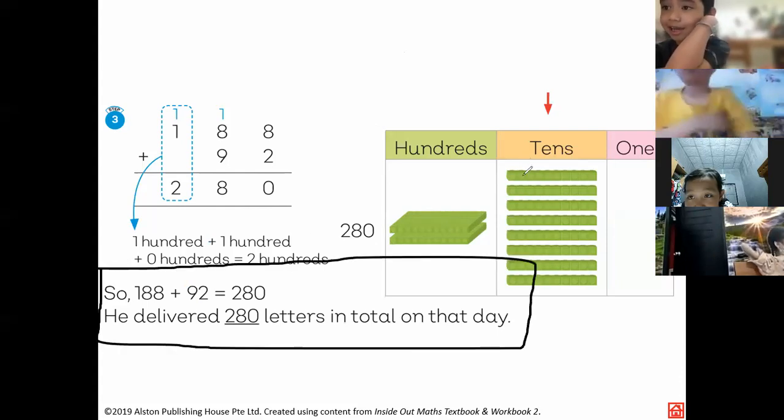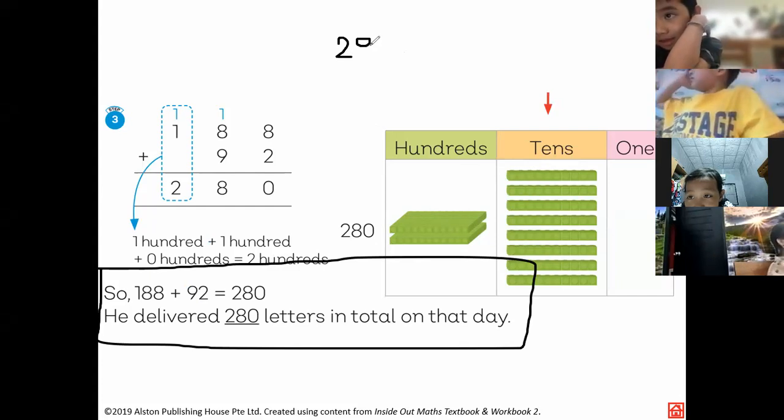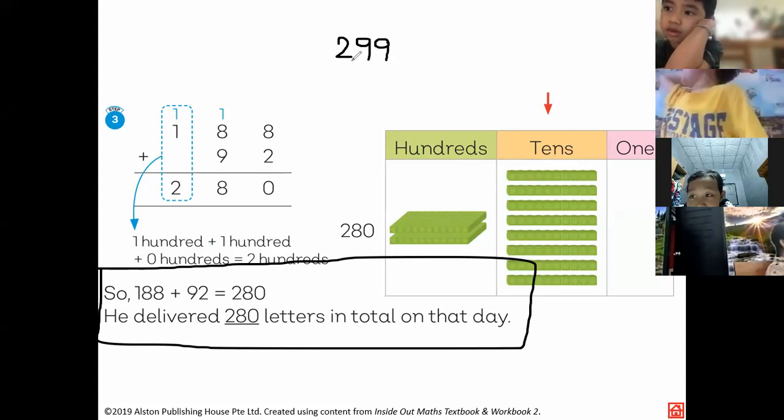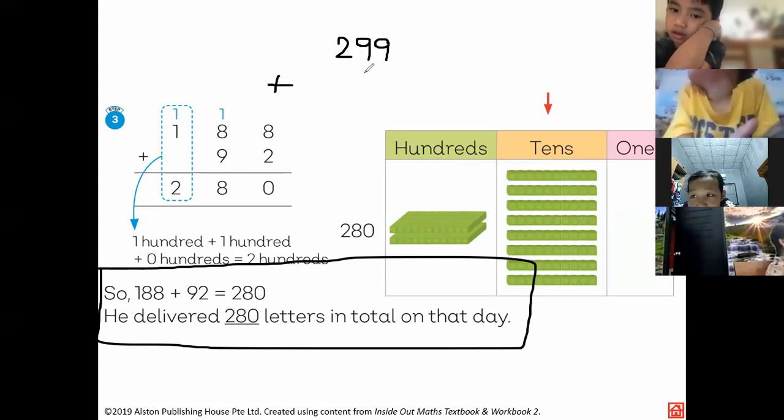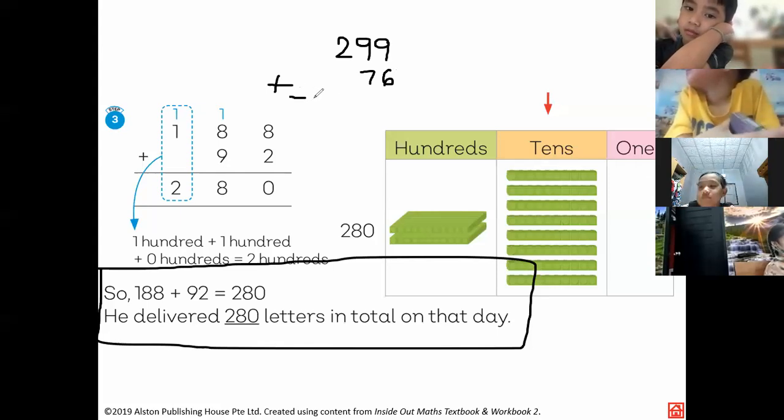All right. I will give you another example, class. I have 299 letters in the morning plus 76 letters in the afternoon.